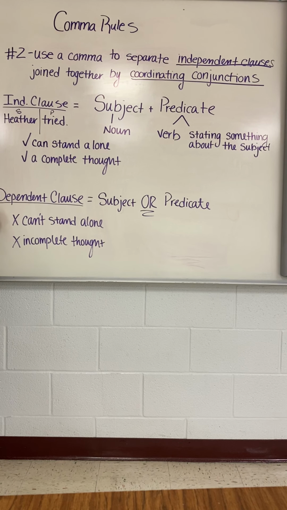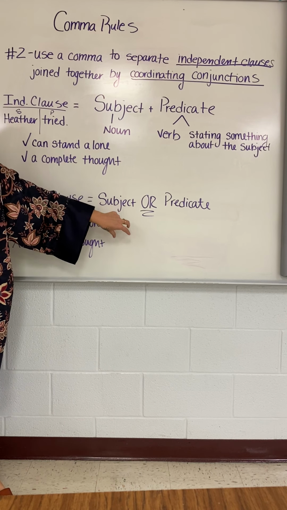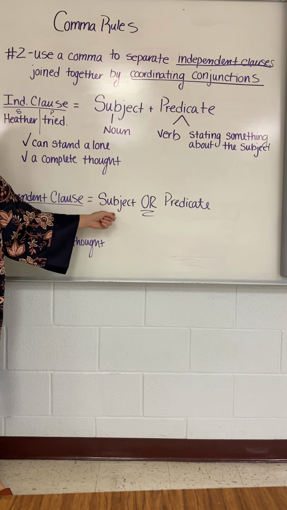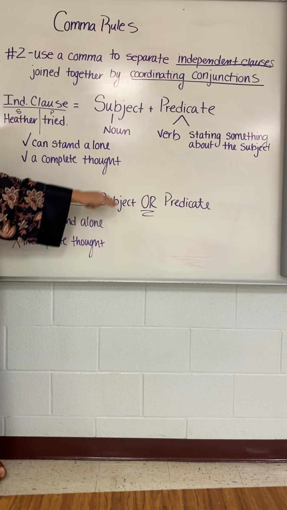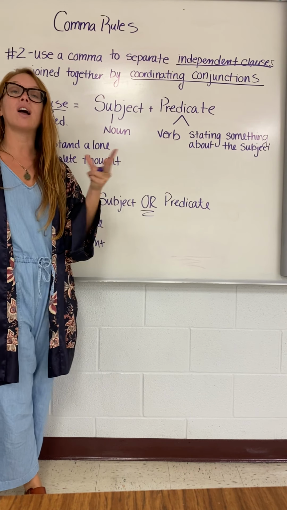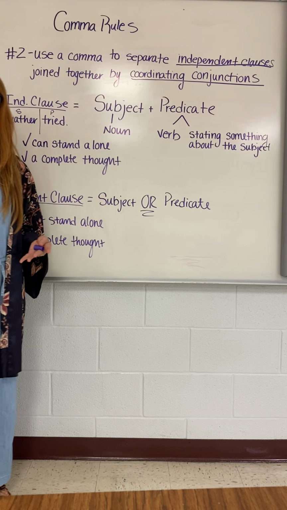If a clause is dependent, that means it's only going to have part of what you have to have a complete thought. It's either going to have a subject or it's going to have a predicate. It'll either have a noun or it'll have something about it, but they're not together, okay? This can't stand on its own. And it's not a complete thought. Essentially, it doesn't really make sense by itself.